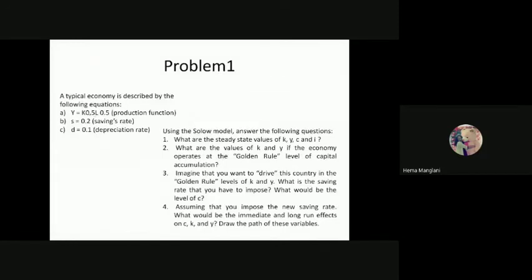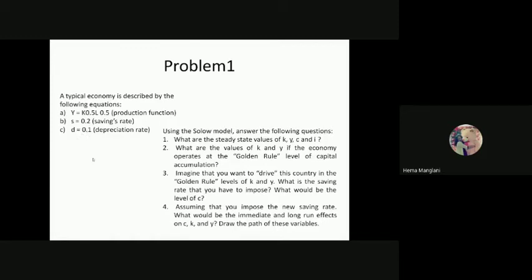It is written as a power only; I think this is because of some typing error. So K's power is 0.5 and L's power is 0.5. This is your production function. S equals 0.2, which is your saving rate. D is your depreciation, which equals 0.1.